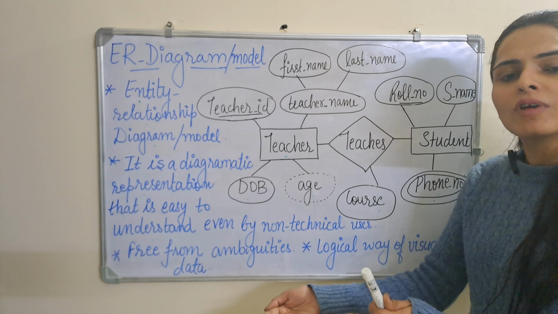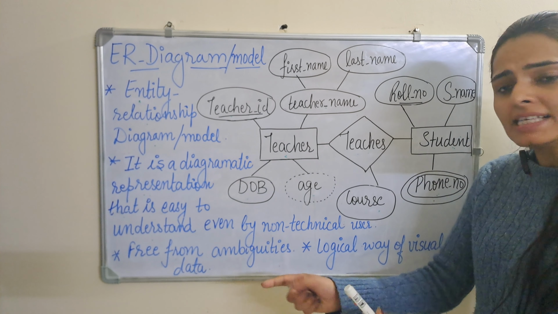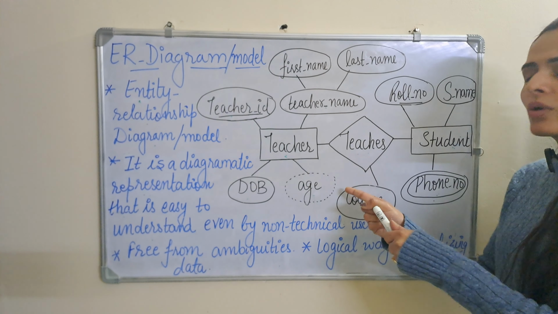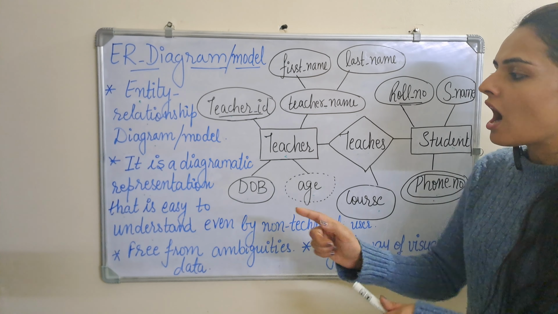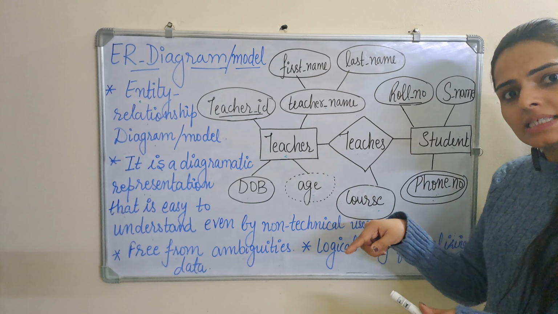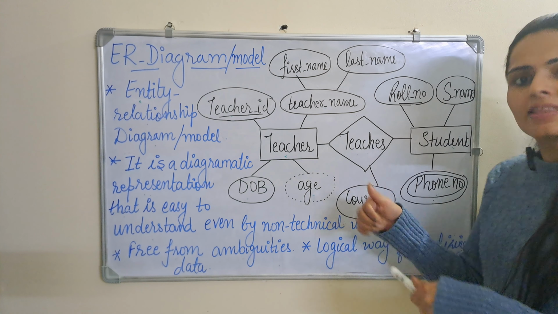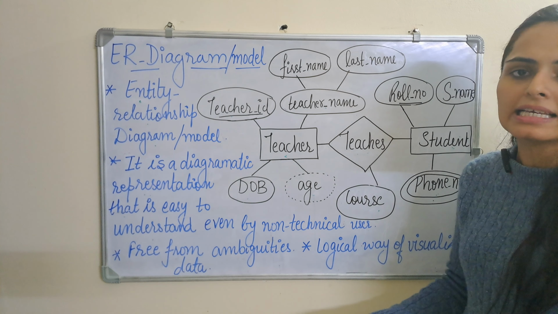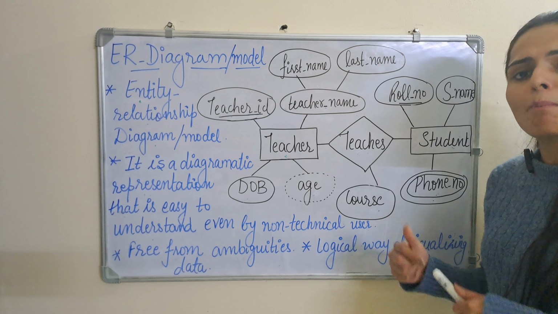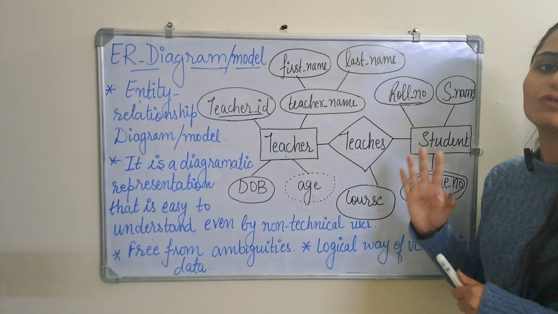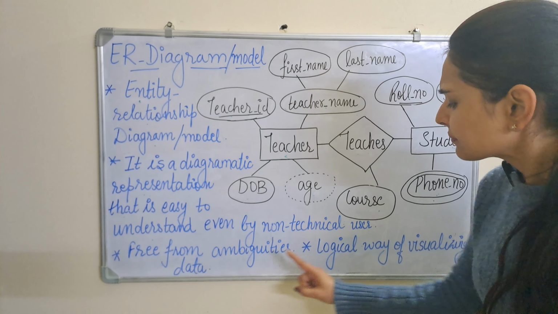And when you are moving forward to the implementation phase, by looking at the ER diagram, it will help you to implement the project. However, if there are confusions in the ER diagram itself, then there are possibilities of mistakes in the program. That is why this diagram should be made in a way that there are no confusions left, right?